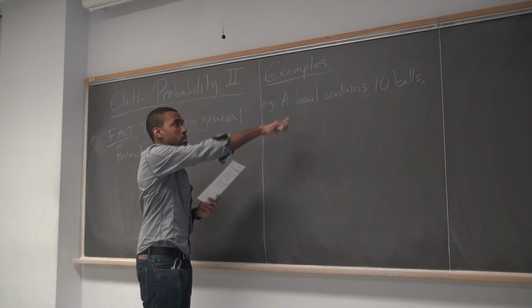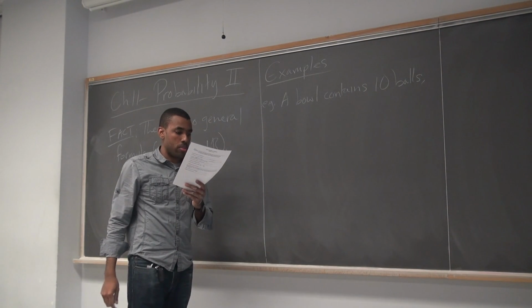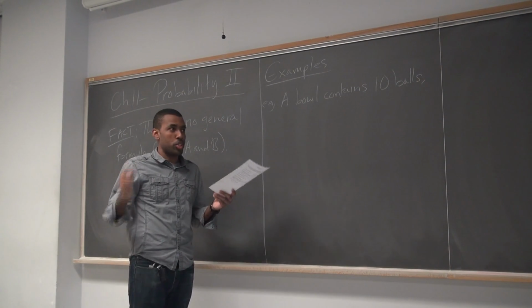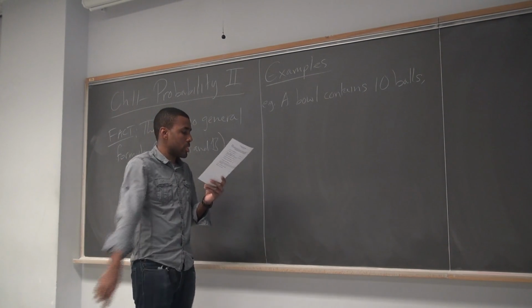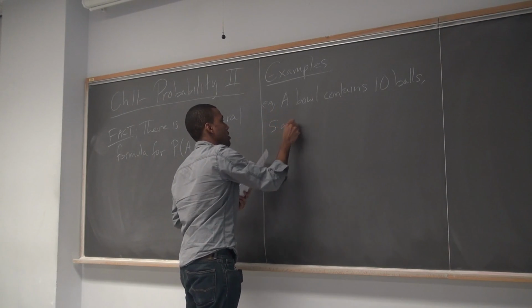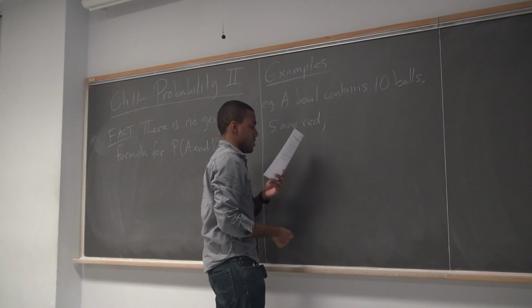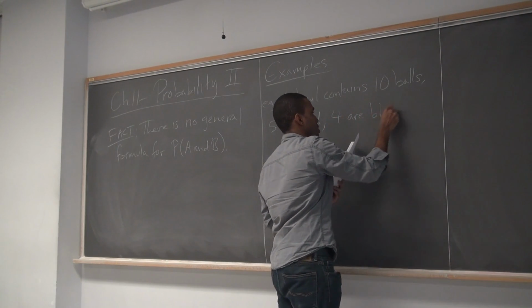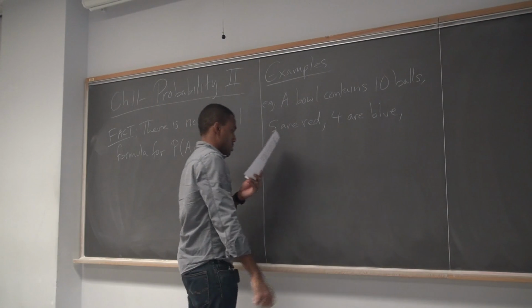By the way, this is a very typical kind of problem to show up on a final. You're pretty much guaranteed to have a problem like this, where you're choosing something from a group of things. 5 are red. 4 are blue. 1 is green.